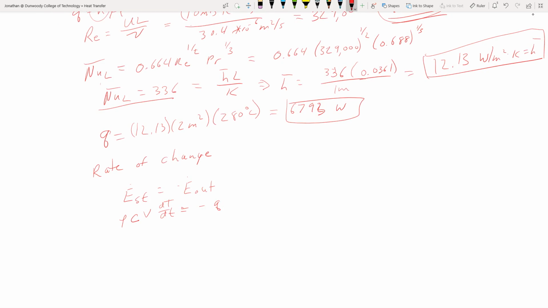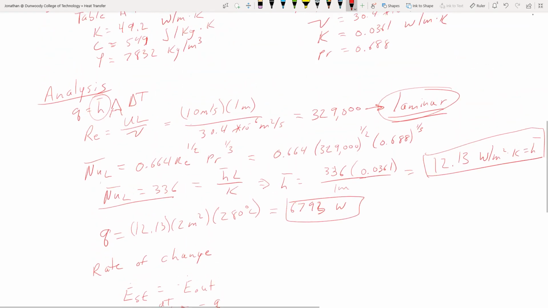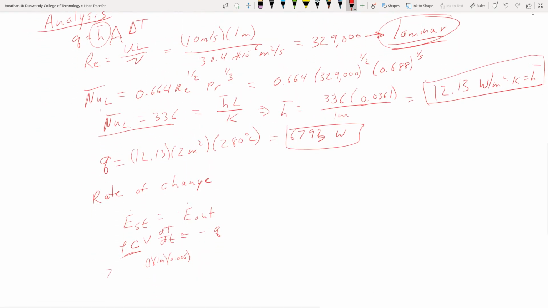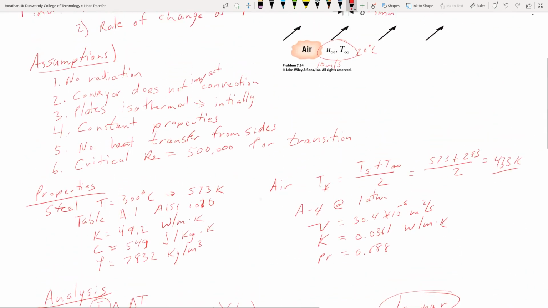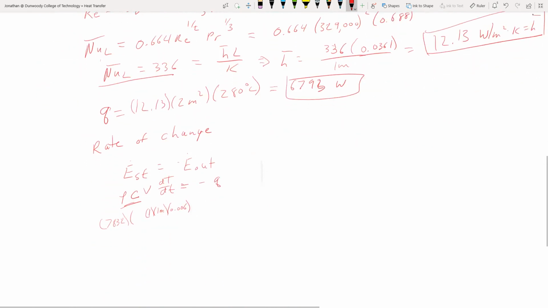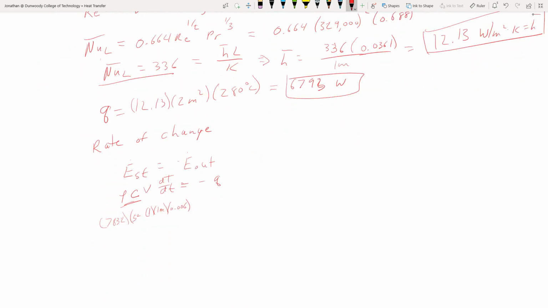So now we need these properties from our materials for the steel. V for the steel is going to be 1 meter by 1 meter by 0.006. Rho was, what was that, 7832. And C was, what, 539? 549. Equals negative 6793.